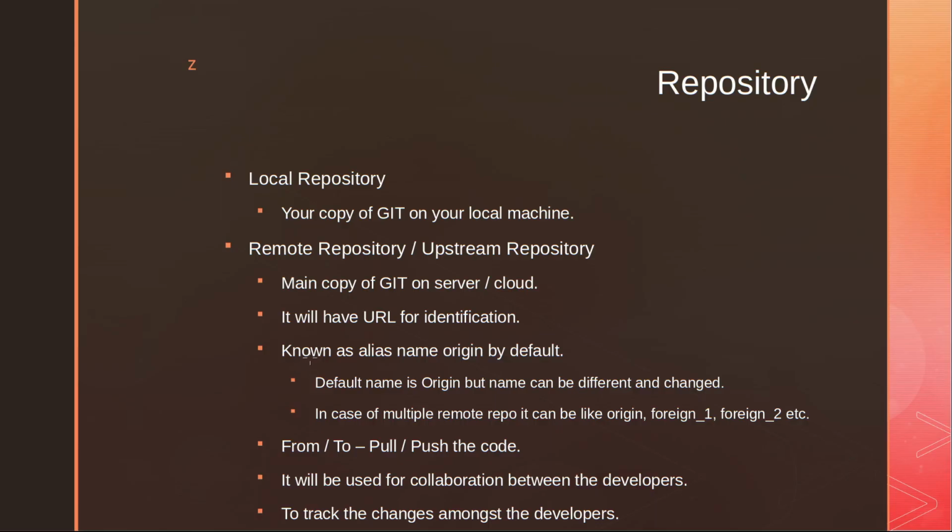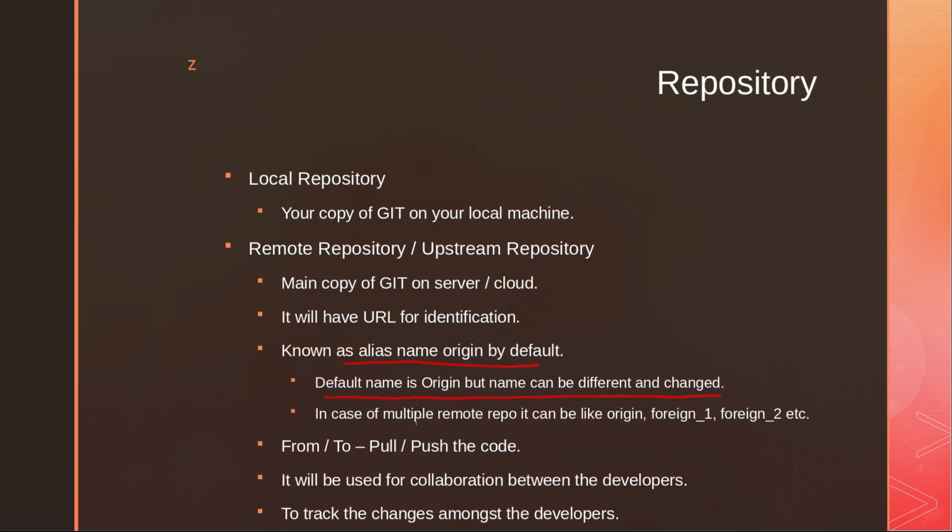Now this remote repository, the central repository on your local machine, will be identified by an alias name called origin. This is the default name which will be given to that particular remote repository, that central repository, on your local machine.